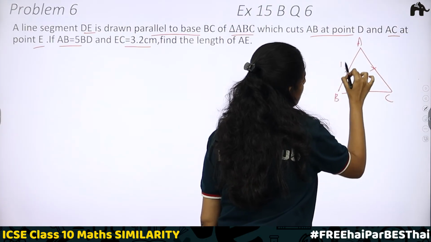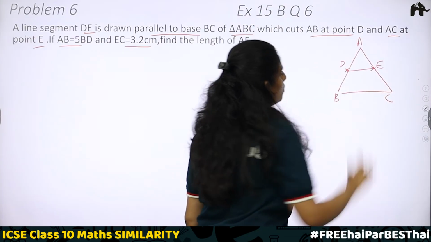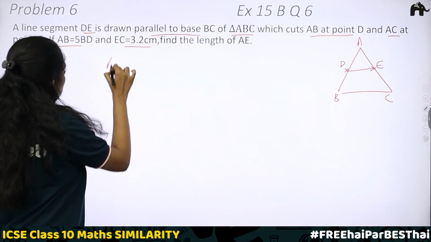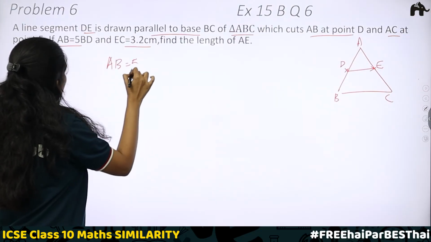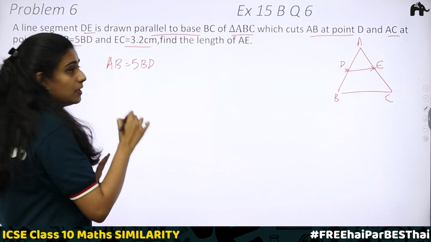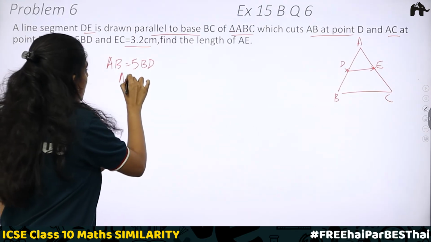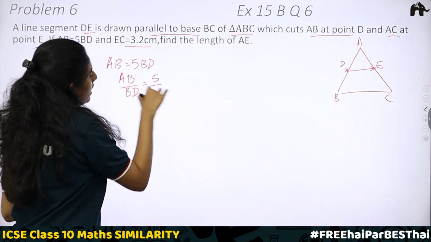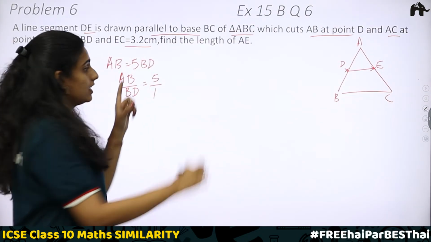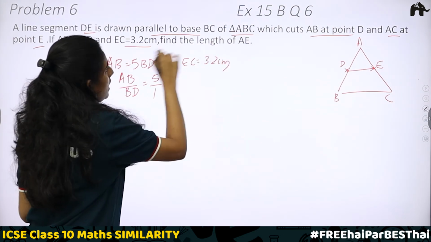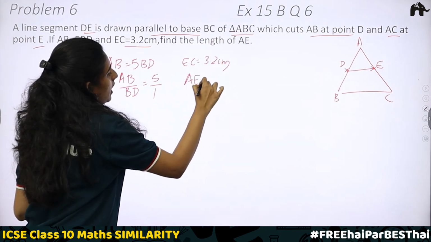A line DE is parallel to BC. What else is given? We have AB is equal to 5 times BD. This can be written as AB divided by BD is equal to 5 divided by 1. Also given that EC is equal to 3.2 centimeter. We need to find the length of AE.